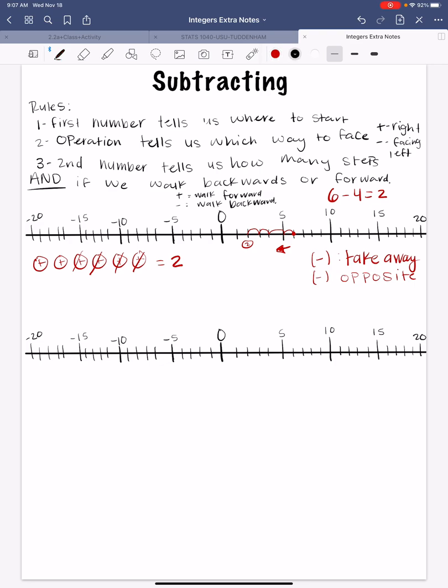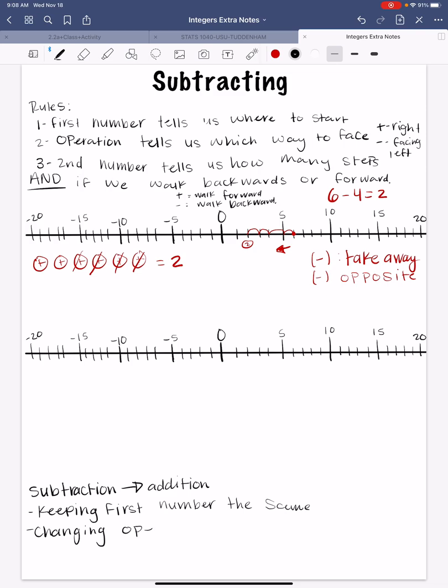So let's talk about what that looks like. We can change any subtraction problem to an addition problem by keeping the first number the same, changing the operation from subtraction to addition, and then changing the second number to its opposite.